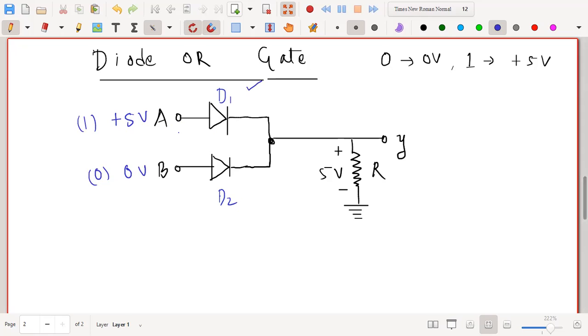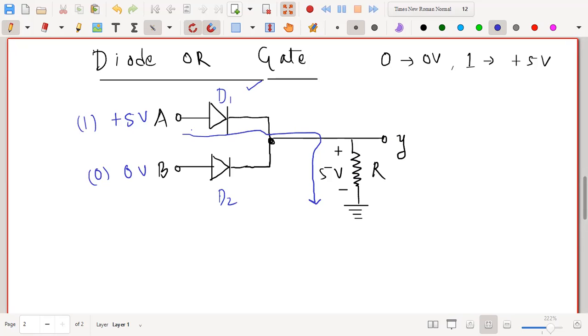Then current will start flowing through this diode, and then through this resistance to the ground. That means whatever voltage you are applying, all this voltage will be dropped across this resistance R. And what is the output? Output is nothing but the voltage across this resistance.